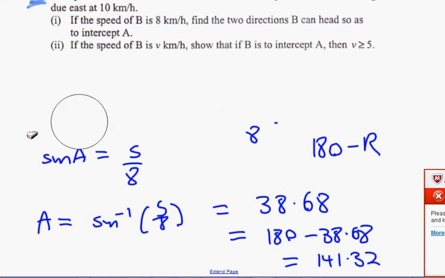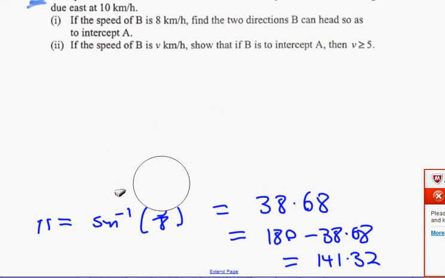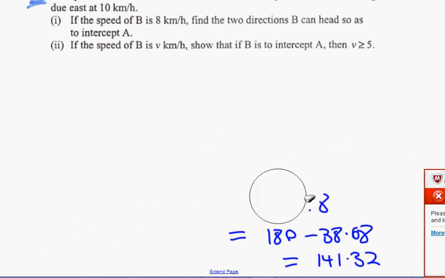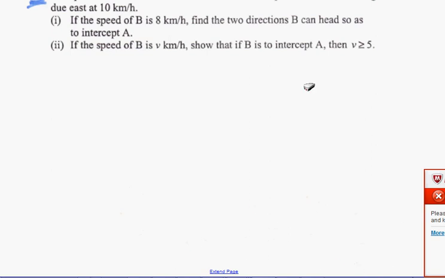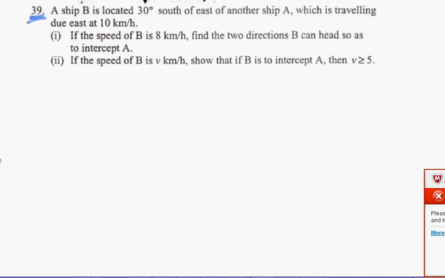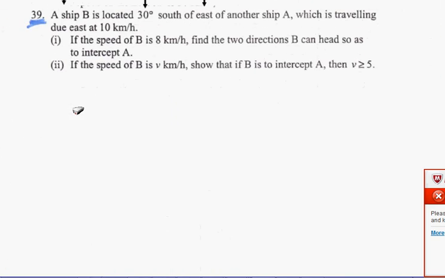If the speed of B is V kilometers an hour, show that if B is to intercept A, V will have to be greater than or equal to 5. Let's get the original diagram back. The original diagram was this direction here, and that's A going across at 10, and B going upwards.